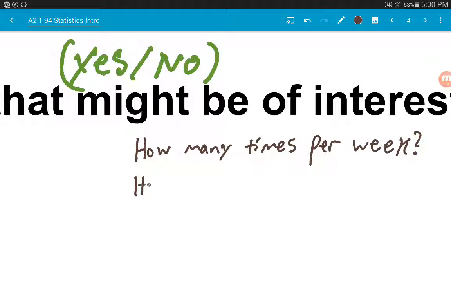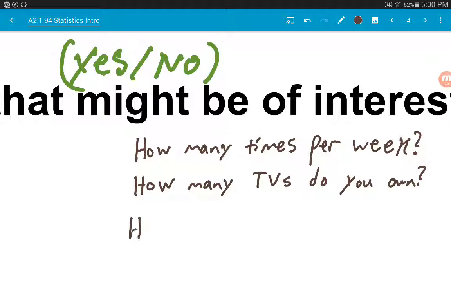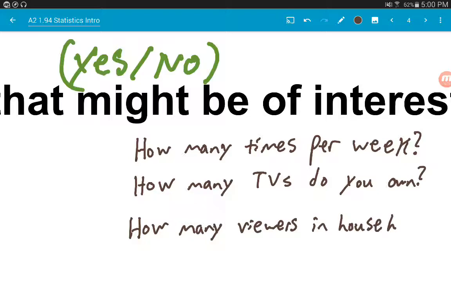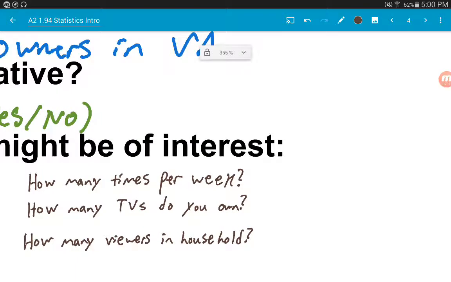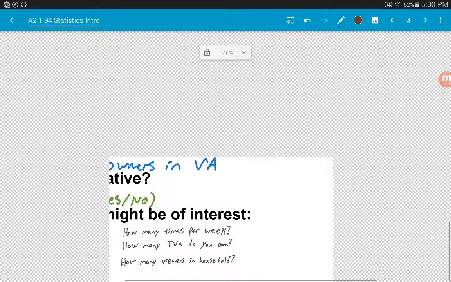They might want to know how many TVs do you own. They might even want to know how many watchers are in your family, how many viewers in the household. So any of those are fine because they will get you numerical answers.